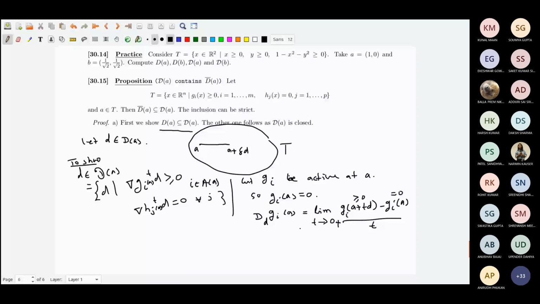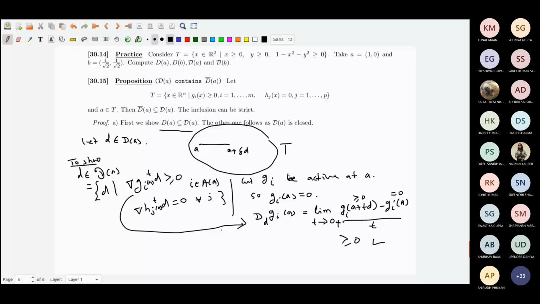I do not know the negative half from A. I only know that A to A plus delta D is inside T, so I cannot do anything else. The ratio is positive, therefore this is greater than or equal to 0, which is what you wanted to show. So that shows that D satisfies that, but it is not complete.